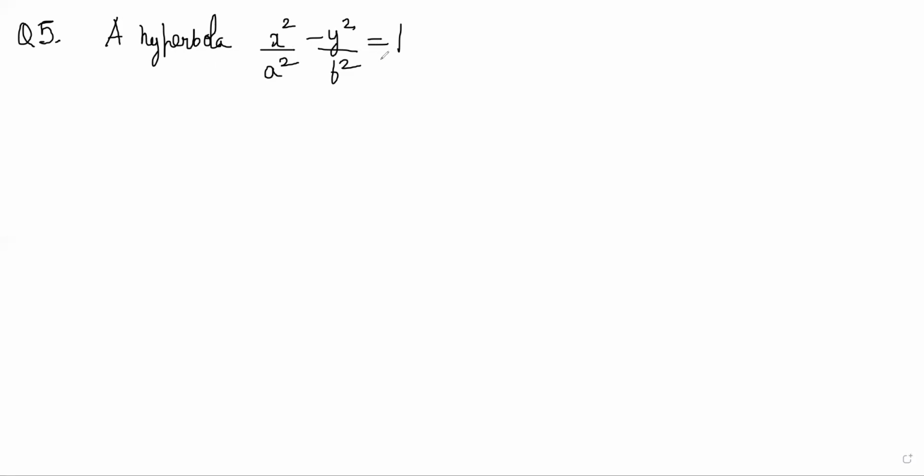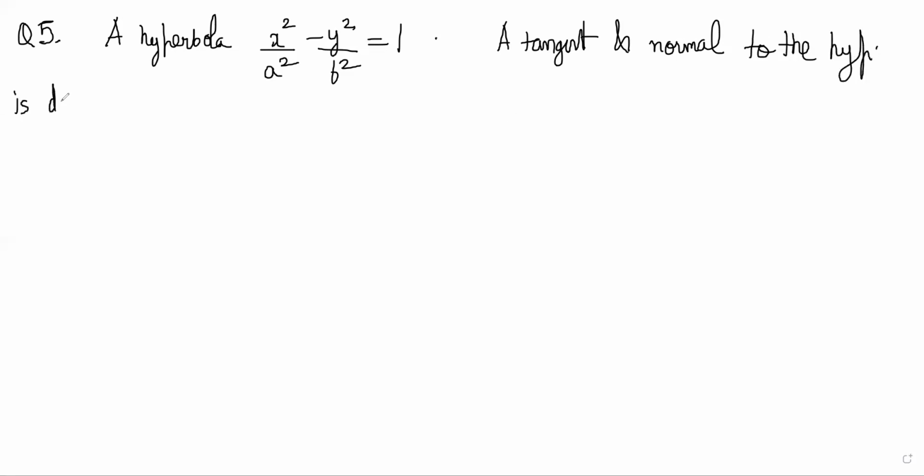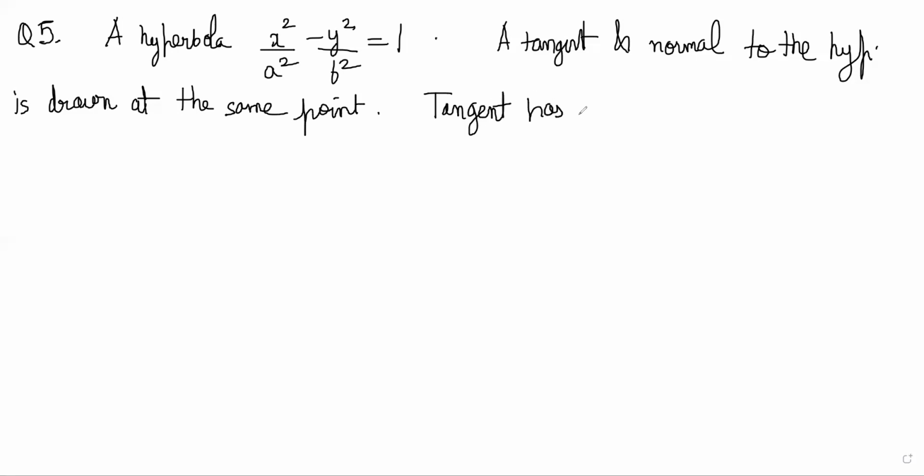A tangent and normal to the hyperbola are drawn at the same point. The tangent has y-intercept alpha.